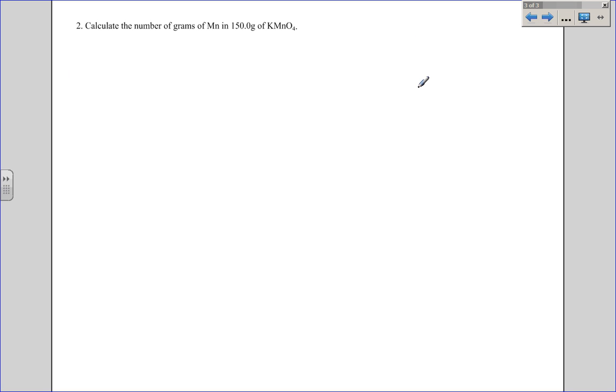We can use percentage composition by first determining the percent of manganese in a sample of potassium permanganate. So just like in the last example, we're going to take the molar mass of manganese in the compound, which is 54.94 because there's 1 manganese, and we're going to divide by the molar mass of the entire compound.